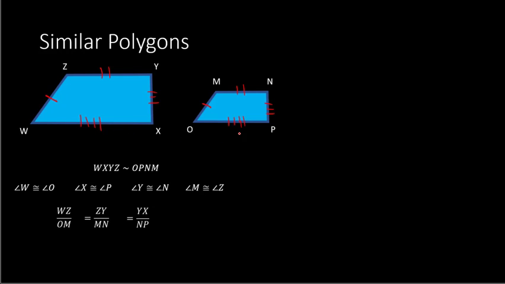That's what I was trying to go for. So if you divide WX by OP, then that ratio would also be the same as the other ratios. So the side lengths are not congruent, but the ratios of the corresponding sides are going to be the same.